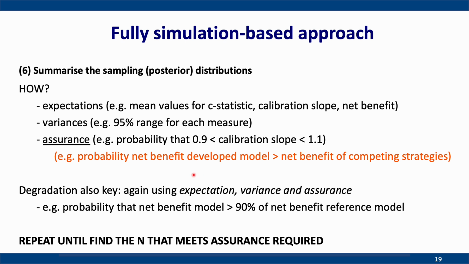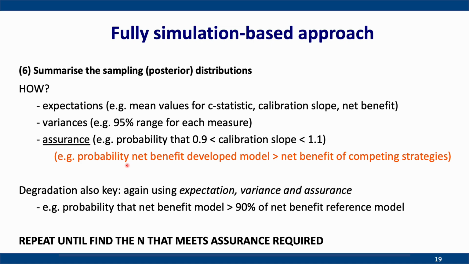What's the probability that the net benefit of your developed model is going to be greater than the net benefit of competing strategies, such as just treating everybody, or just not using the model and not treating anybody? And that leads to things about risk thresholds and so forth. But you get the general premise that we're talking about probability of success.